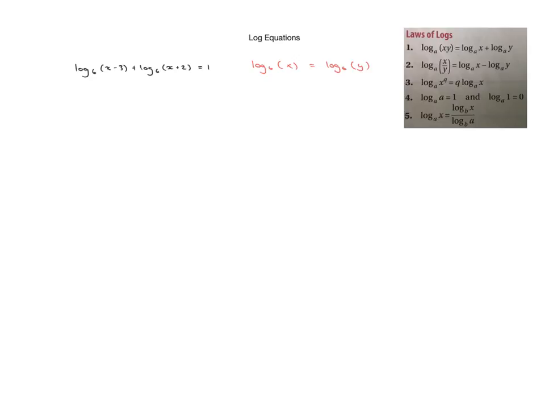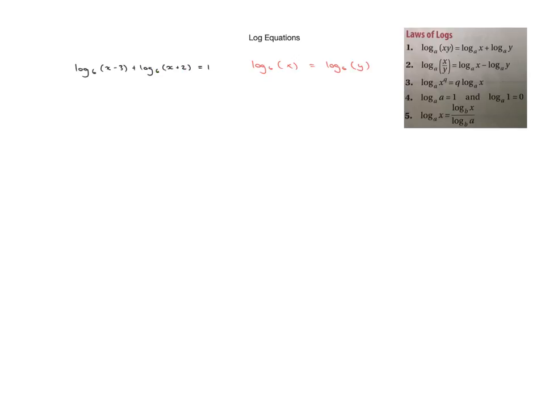So let's deal with the left hand side first. We can see here what we have is log base 6 of x minus 3 plus log base 6 of x plus 2. And I'm trying to get just a single log base 6. So we're going to look at our log laws, see what we can do here. And hopefully you've spotted that log a x plus log a y, that's exactly what we have here. We have log base 6 of something plus log base 6 of something else.